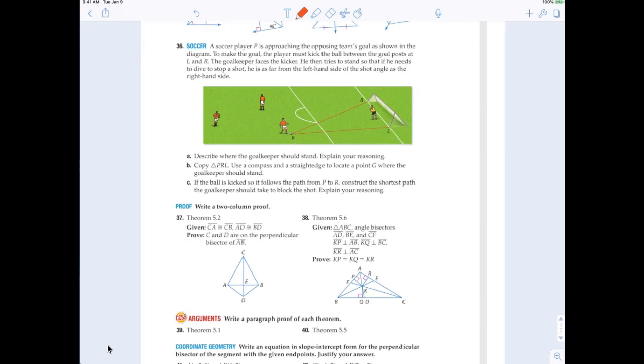Now there's also something interesting. If you draw the three medians, they meet up at the centroid. And then those segments have a special relationship. From the centroid to the side is 1/3 of the entire length of the median.